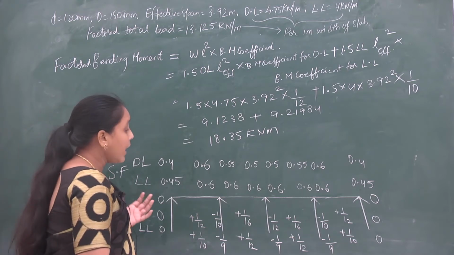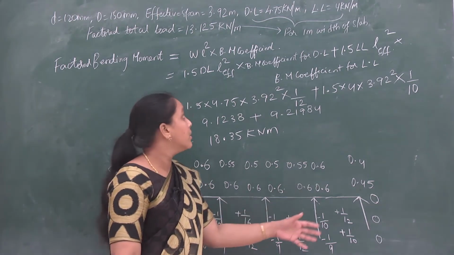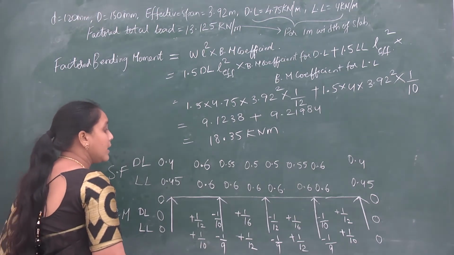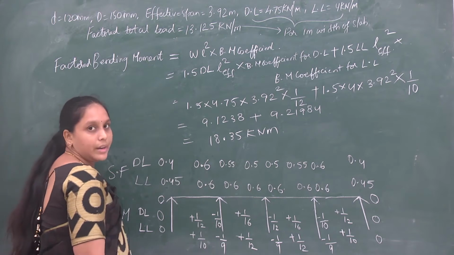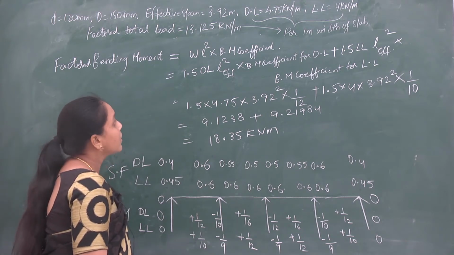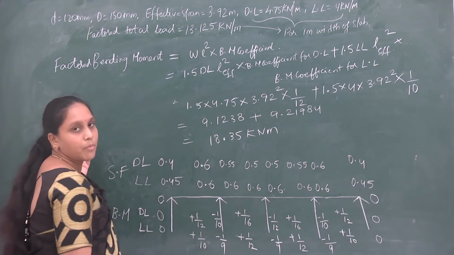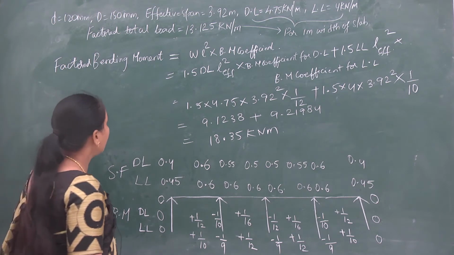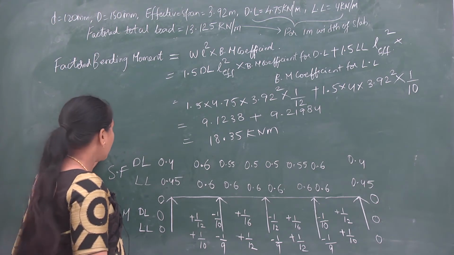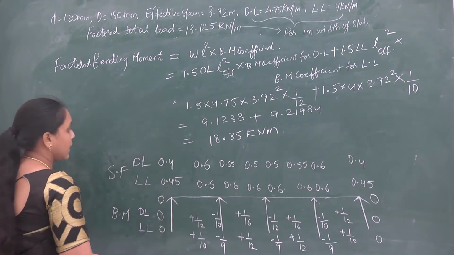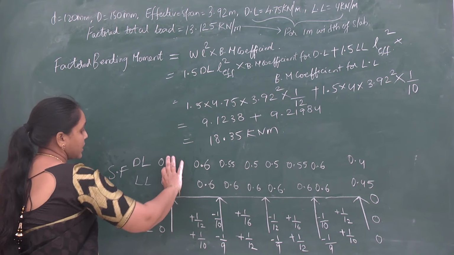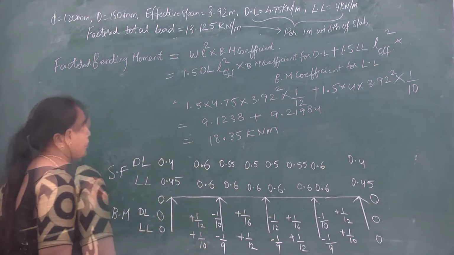In the similar way, we have to calculate the factored bending moment at different supports as well as at the center of the spans. Now let us see one more example of how to calculate the factored shear force. So let us calculate the factored shear force at the end support.